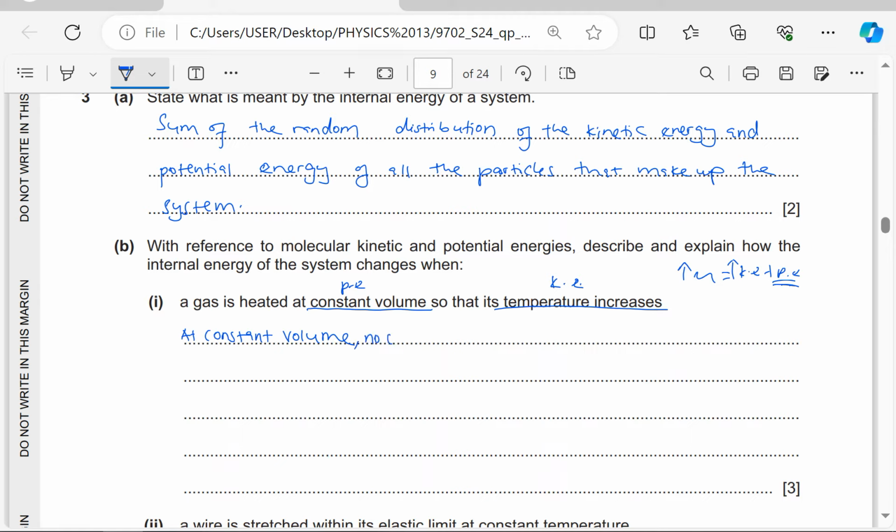So for that one, I will simply say at constant volume, no change in separation. There's no change in separation of the molecules. What does that mean? So no change in molecular potential energy.